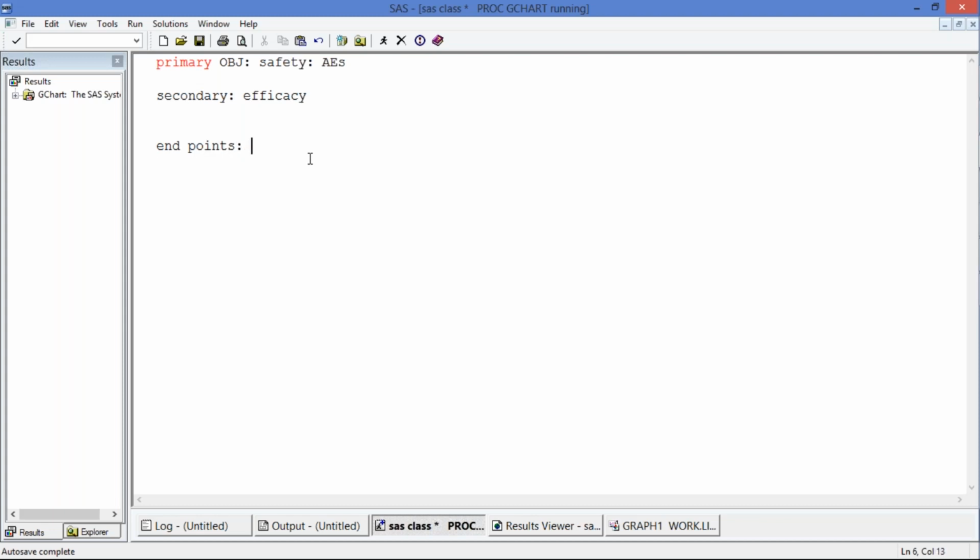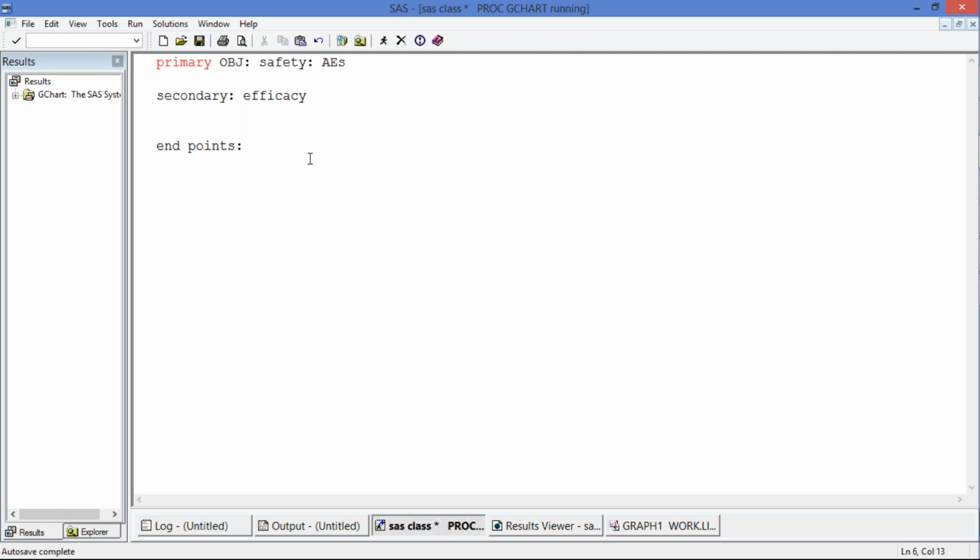So what are the endpoints? These are the parameters, questions, data which are used to assess the primary objective. So we'll have a primary endpoint and secondary endpoints. If you have two objectives, we'll have two endpoints. The primary endpoint is to assess the primary objective.